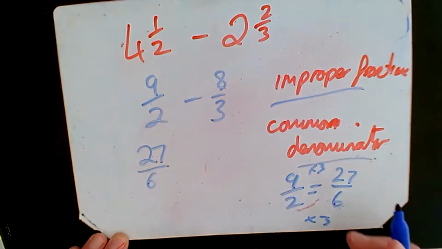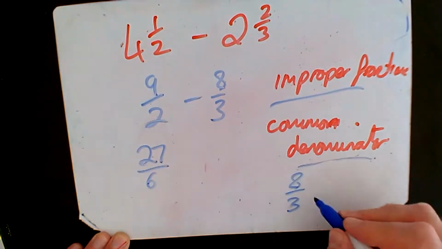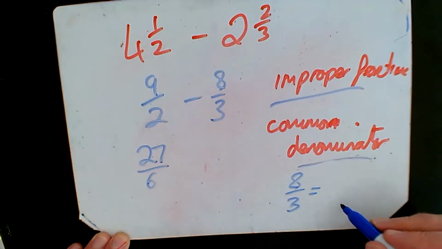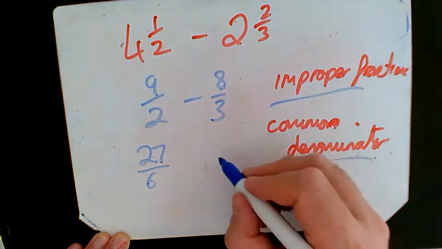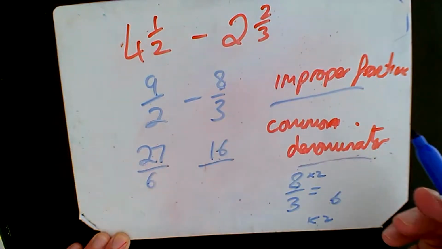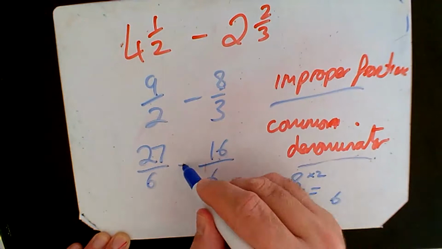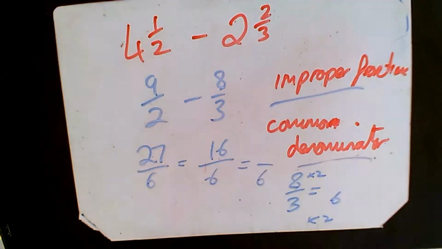27/6. And then we've got 8/3 equals how many 6ths? So we times it by 2, 16/6, and then we can take them away. We know the answer is going to be in 6ths.